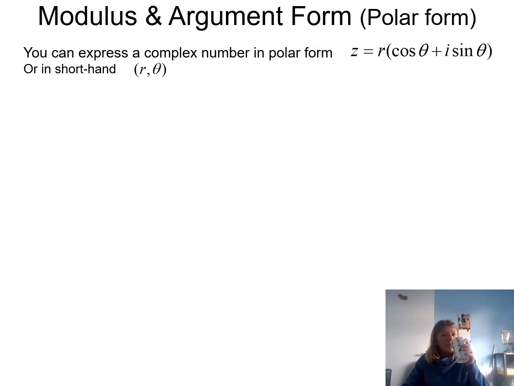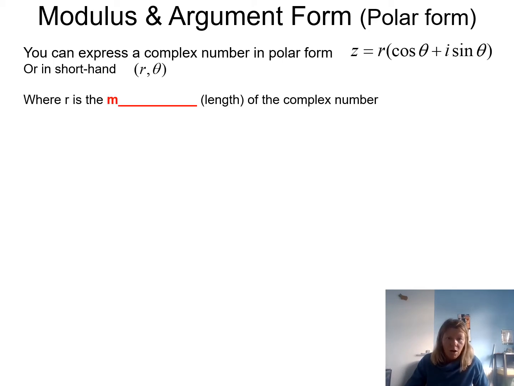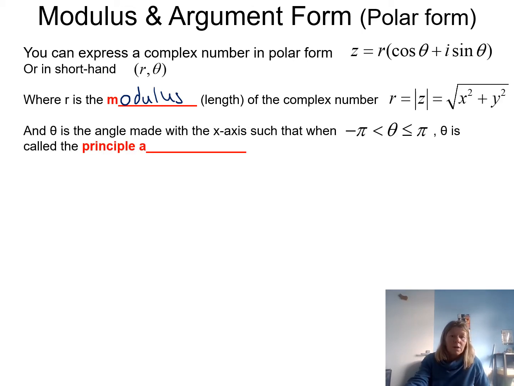Right, modulus and argument form. You can express a complex number in polar form, or shorthand (r, theta), where r is the modulus, the length of the complex number with that formula, and theta is the angle made with the x-axis such that theta is between pi and minus pi, not equal to minus pi.